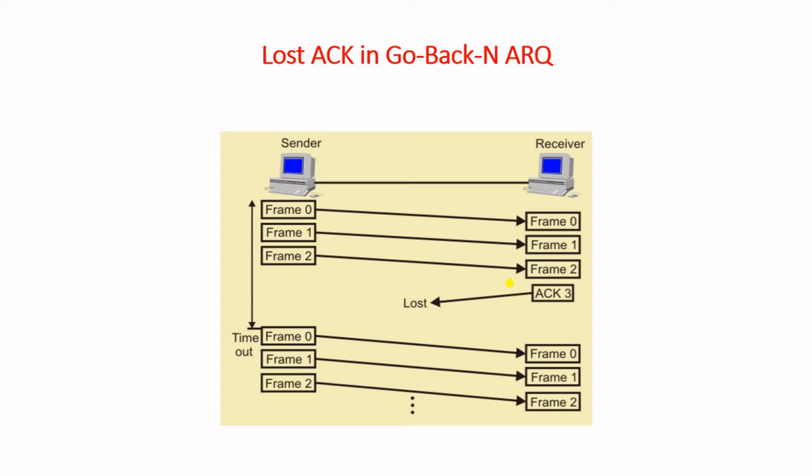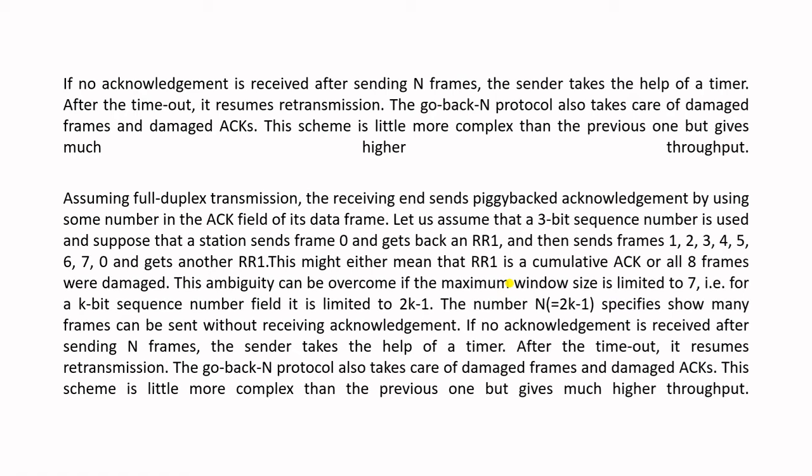Now, if no acknowledgement is received after sending N frames, the sender takes the help of a timer. After the timer times out, it resumes retransmission. The Go Back N protocol also takes care of damaged frames and damaged acknowledgements.